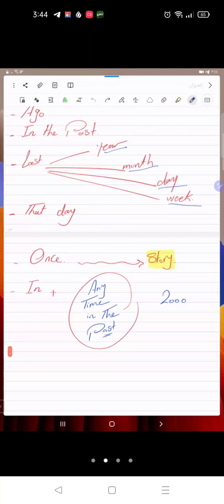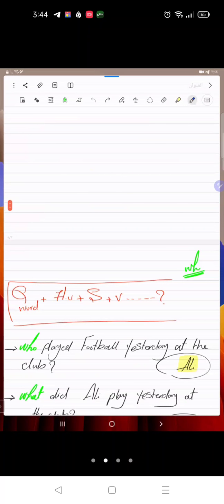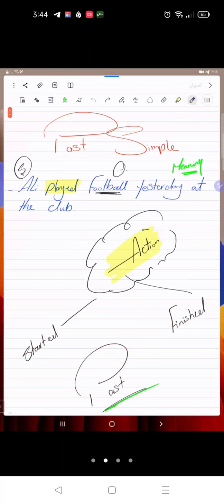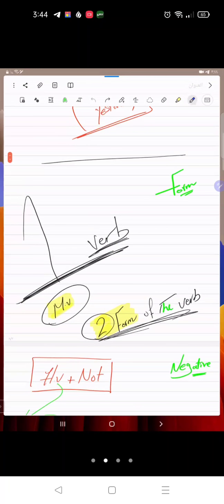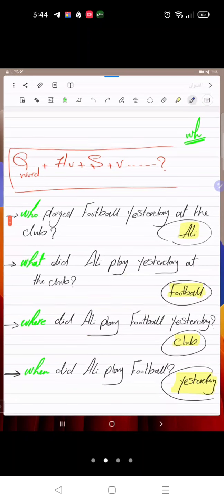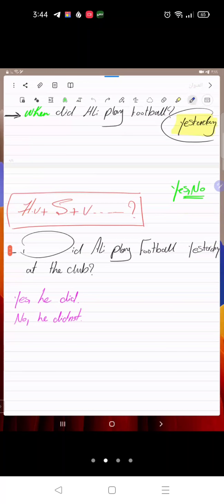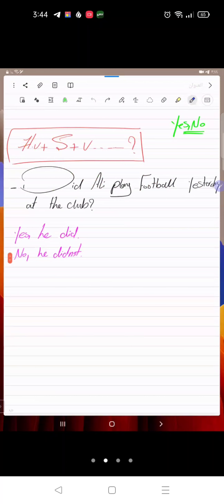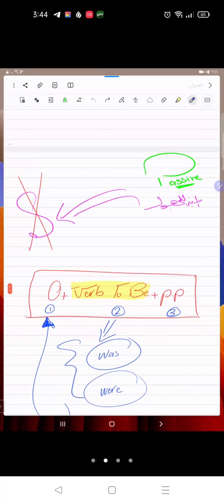So we talk about the meaning, number one. Number two, the form. Number three, the negative. Number four, how to make a W question. Five, how to make a yes no question. After that, how to make passive sentence in the past simple.